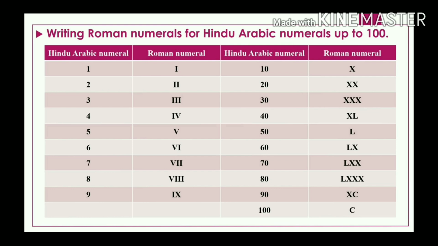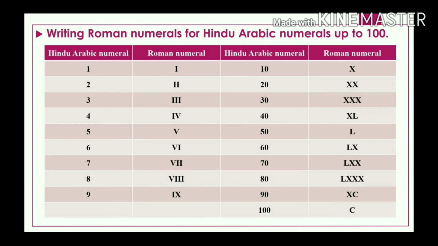we'll use IX. Here I would like to tell you that when we use I on the left side of a number, it means we have subtracted I from that particular number. As we can see in 4, I is written on the left side of V, which means 1 is subtracted from 5.